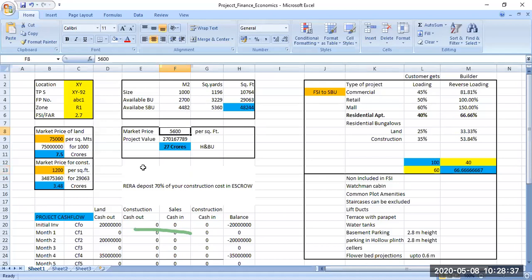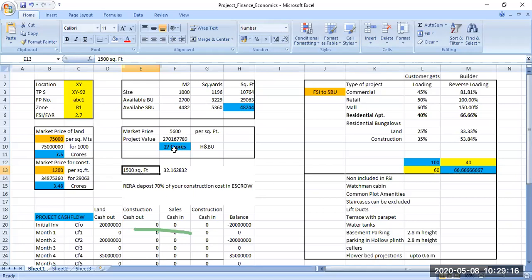Normally you need to calculate that if you are providing apartments, and the apartment super built up is 1500 square feet, how many apartments can you make from the total available super built up? So this divided by 1500, I can sell 32 apartments of 1500 square feet of super built up area in this project.